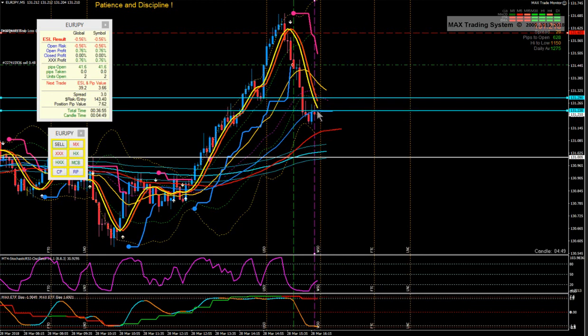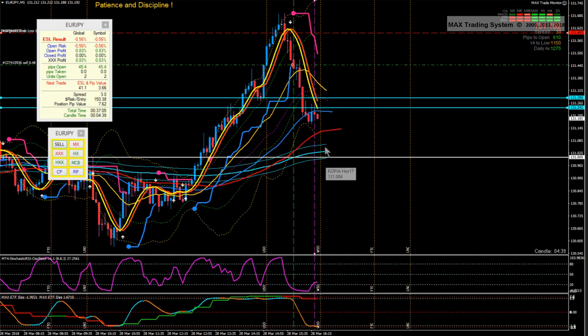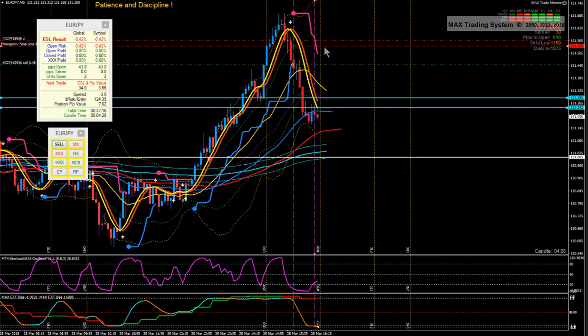Let me set where am I here? At this level. So at this level I will make my MX. And in the meantime, I can further tighten my stop loss that way. And you can see that now my risk is less than 1/3 of 1%. Okay?